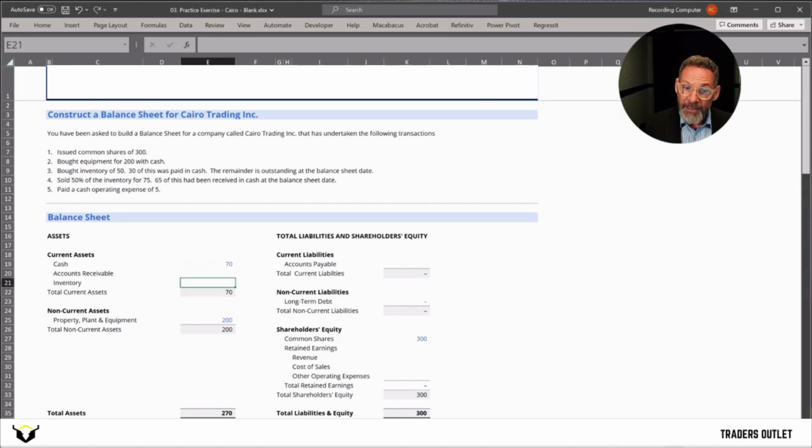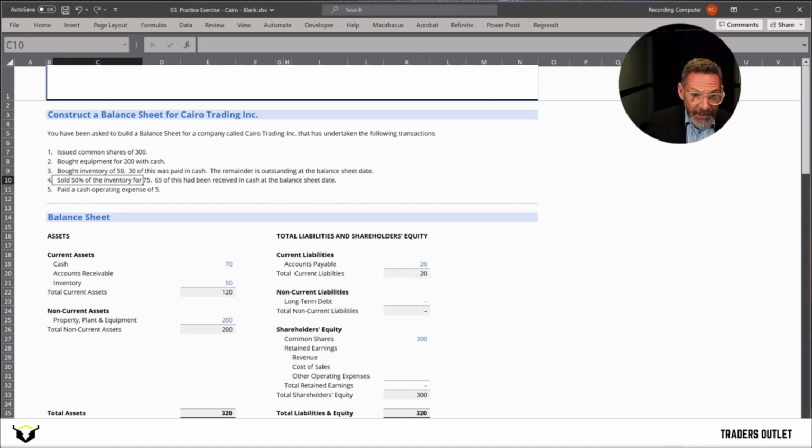But we're also increasing inventory, so that would be a debit of 50. And we have 20 that is owed to our vendors or suppliers. So let's put the 20 there. Our total assets equals our total liabilities and equity, so we are good to go. Now, let's keep moving on.